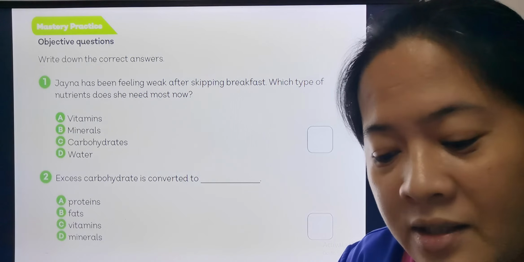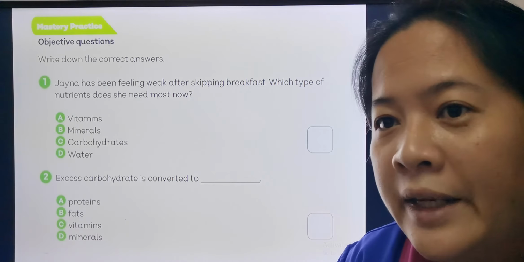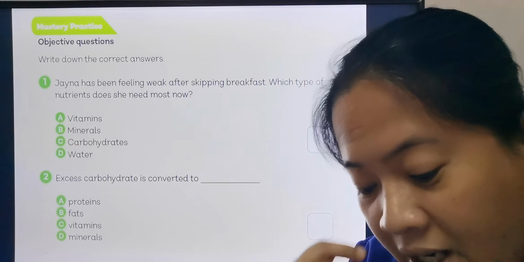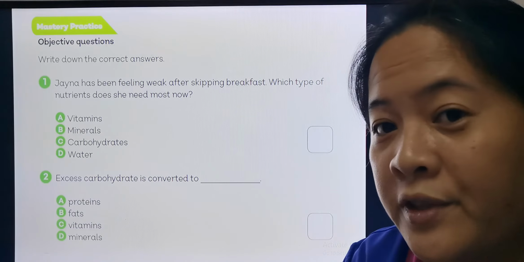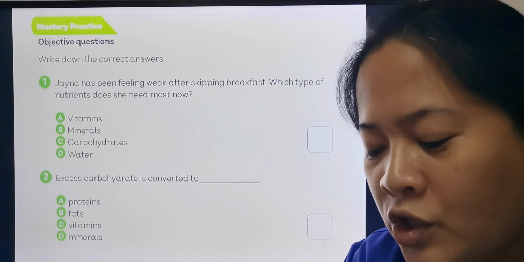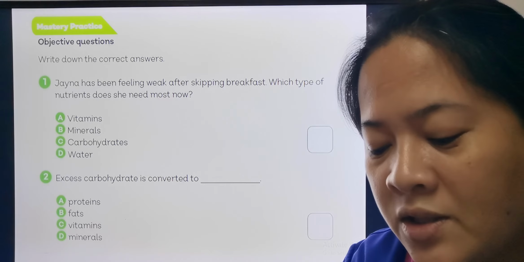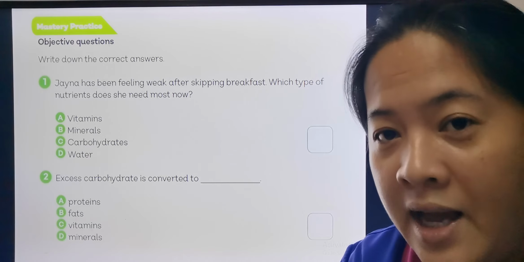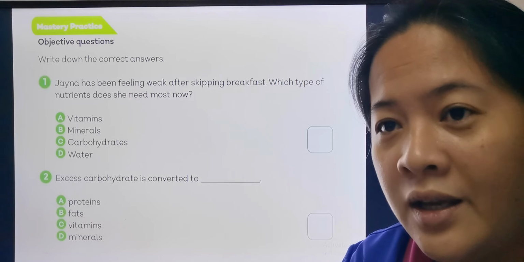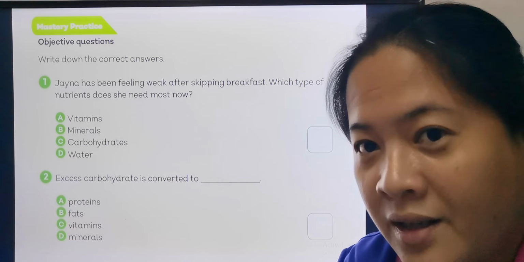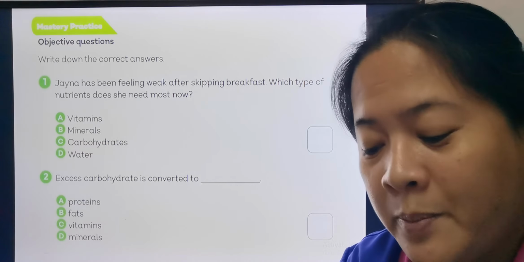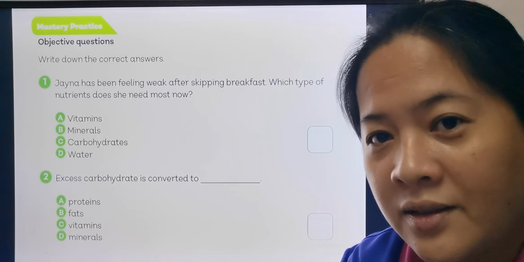Okay, so let's start with number 1. Number 1 is Jaina has been feeling weak after skipping breakfast. Which type of nutrients does she need most now? Okay, so she didn't eat breakfast, she feels weak. So which type of nutrient does she need?